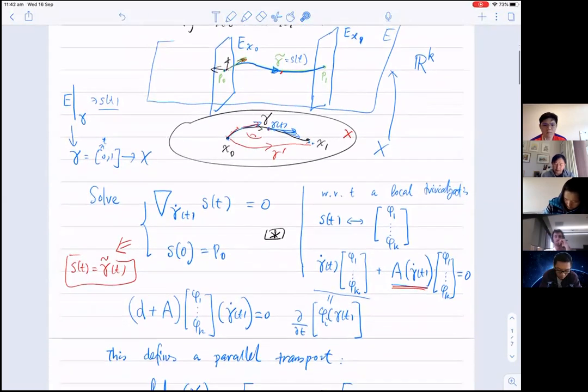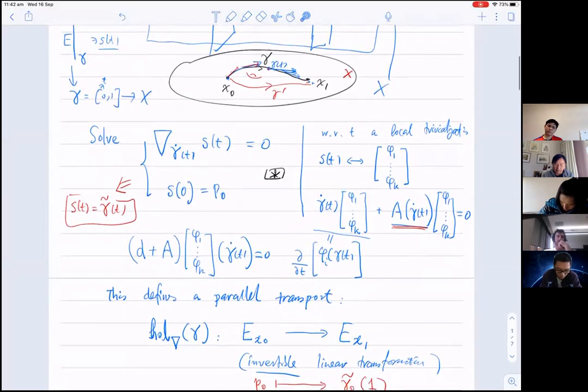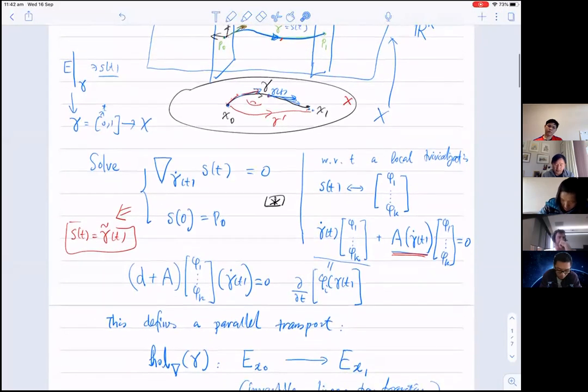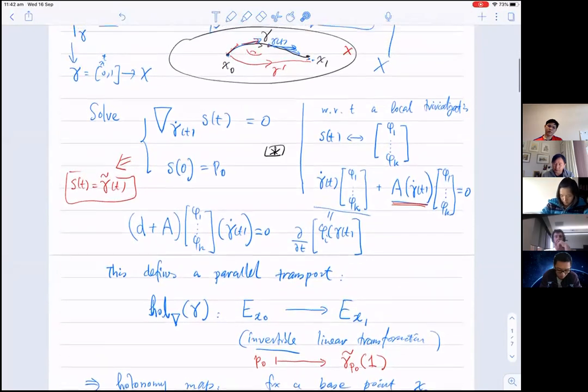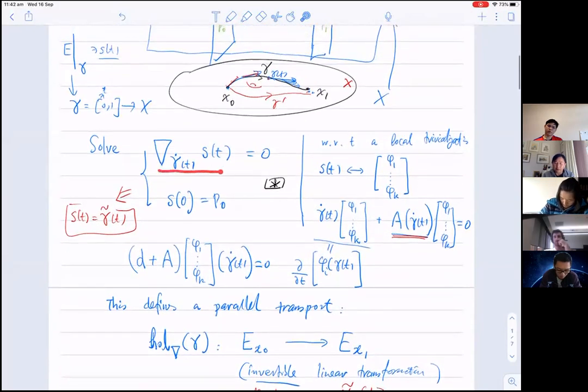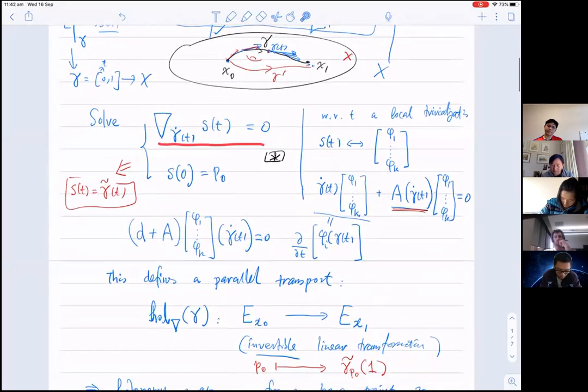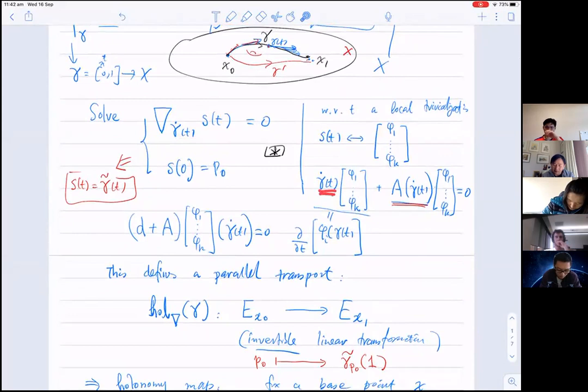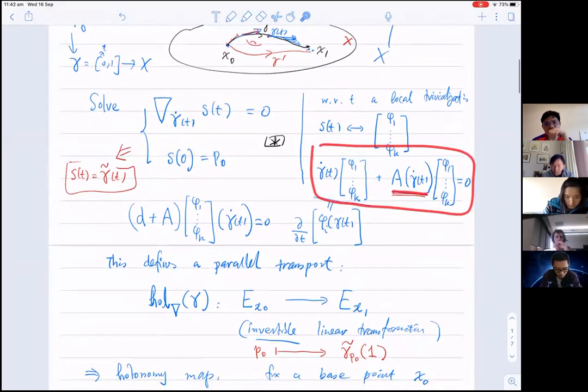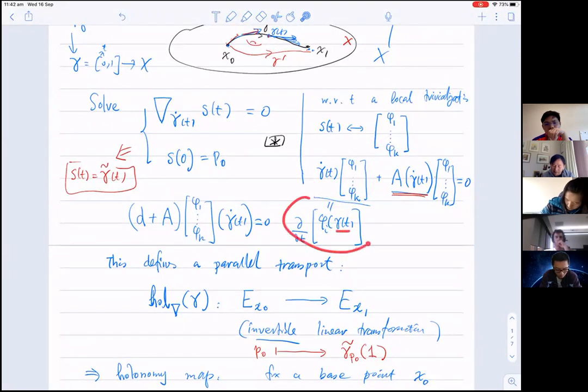When you try to solve this equation, there is a connection form, and there's always a unique solution because it's an ODE. If I write in local trivialization, the vector field is just a k-valued function, and the tangent vector is applied to this function, then the connection. On this side you just restrict the function to the curve and take derivatives, and this is a k by k matrix.